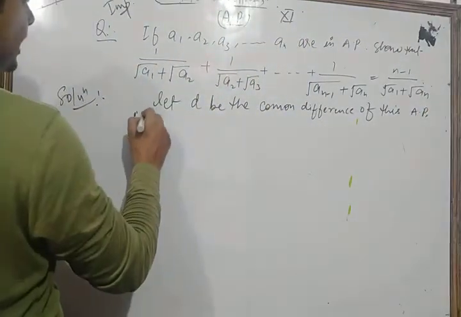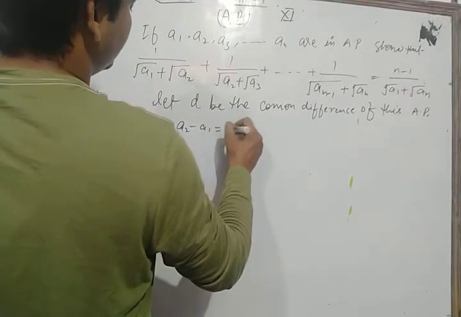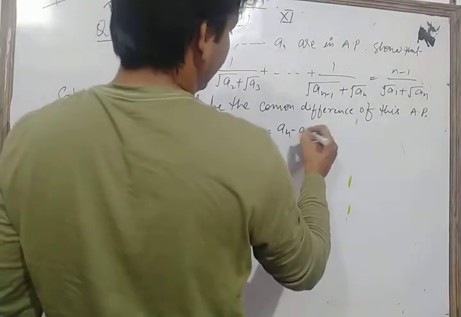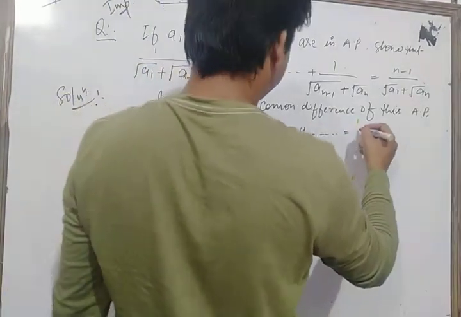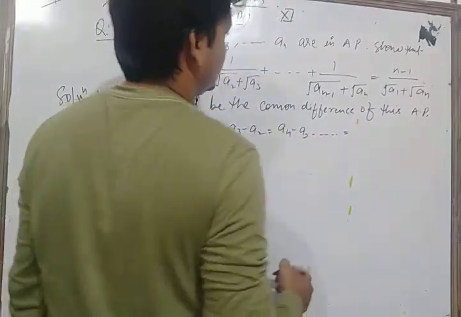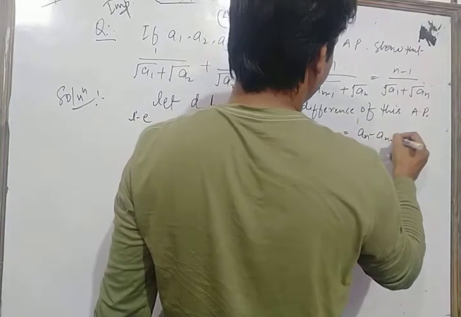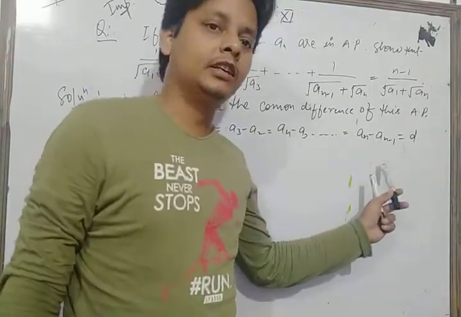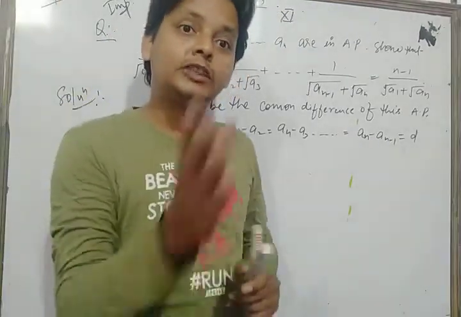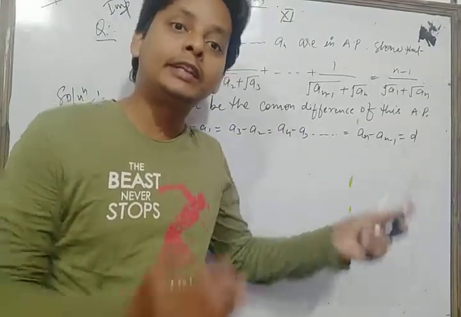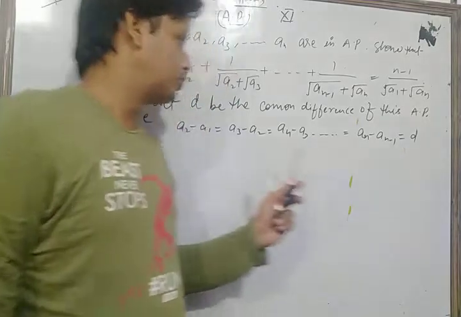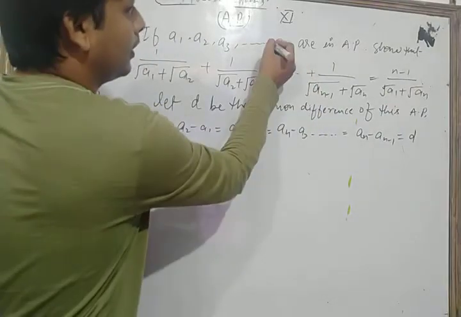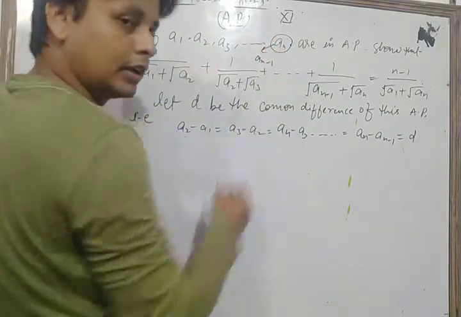That is, a2 minus a1 is equal to a3 minus a2 is equal to a4 minus a3 and so on, is equal to an minus an minus 1, which is equal to D. Because we know the difference between a term and its previous term, here let an be a term, and its previous term will be an minus 1. So the term preceding an is an minus 1.